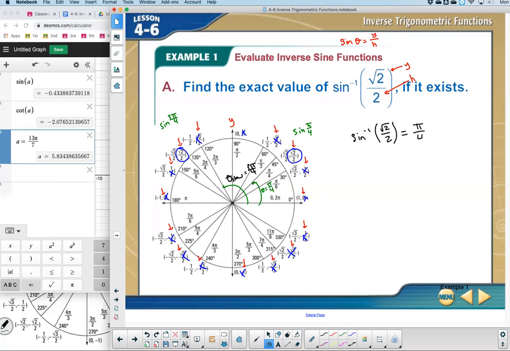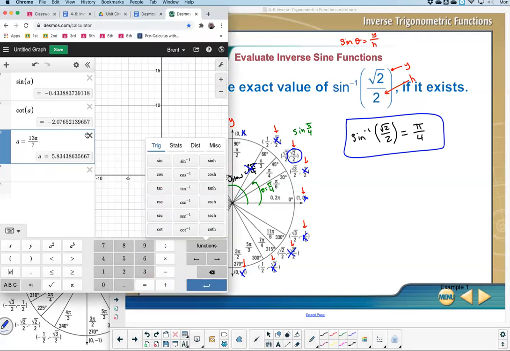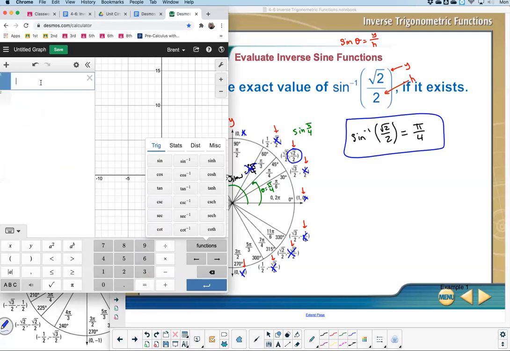Now, I know I said a lot there. I'm trying to explain to you why one answer is correct while the other one is incorrect. So we're going to take the first that occurs. And so if I come over here, I'll show you. Sine, you can do the power and type in -1, or you could have just gone to functions like I showed you earlier and click sine inverse.